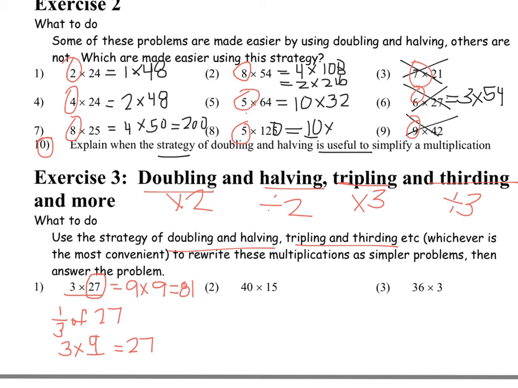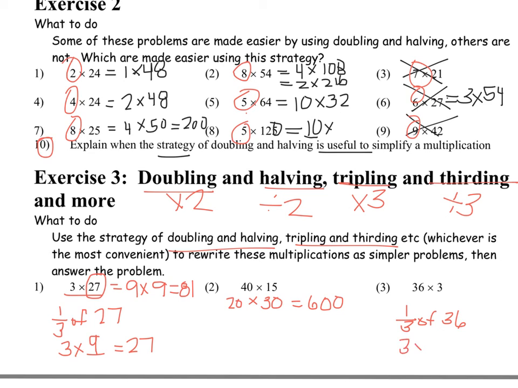We're taking 40 times 15. Oh, I can double and half right there. Double 15 is 30, and half 40 is 20. 20 times 30 is 600. Looking at 36 times 3. I'm going to go back to tripling and thirding. What's 1/3 of 36?